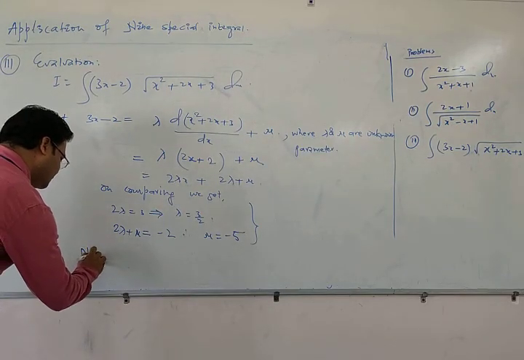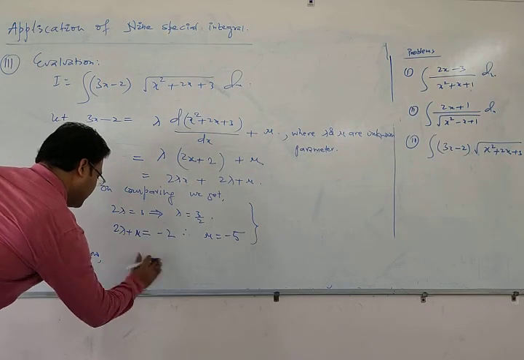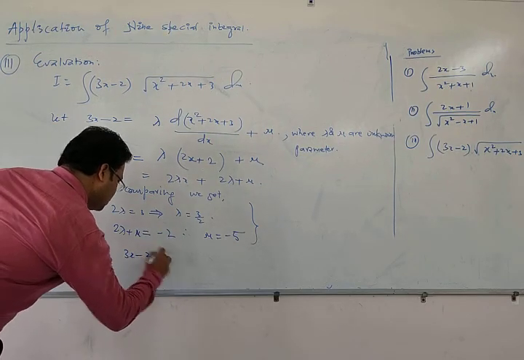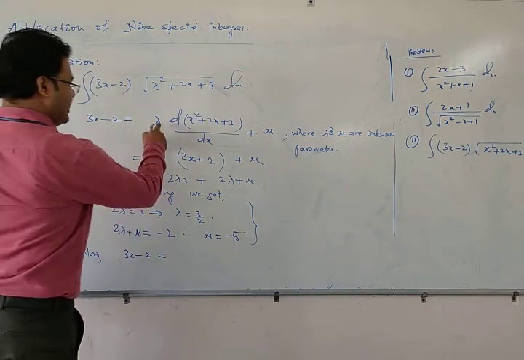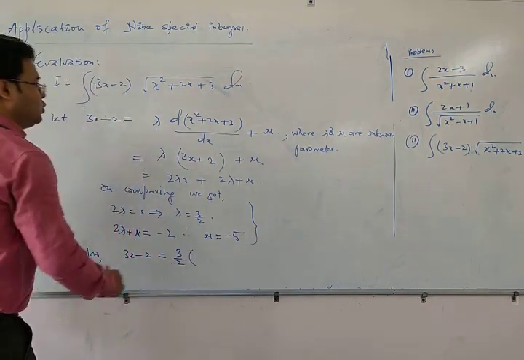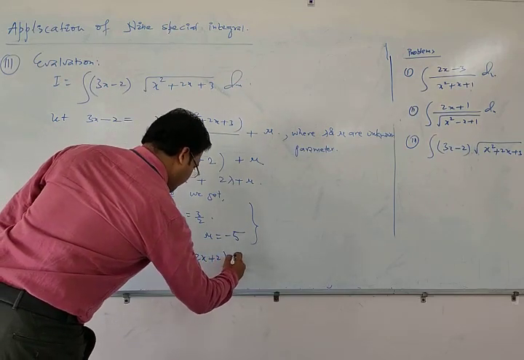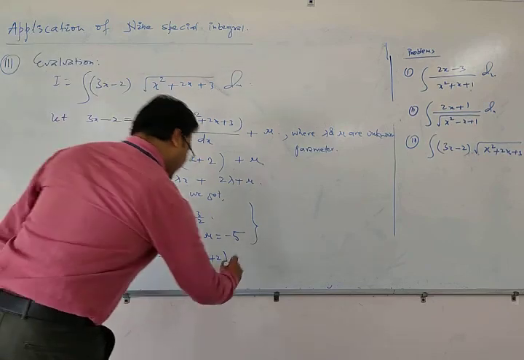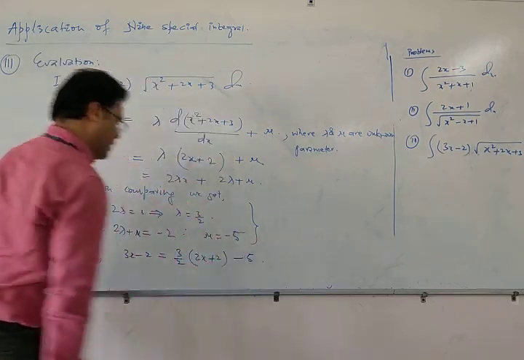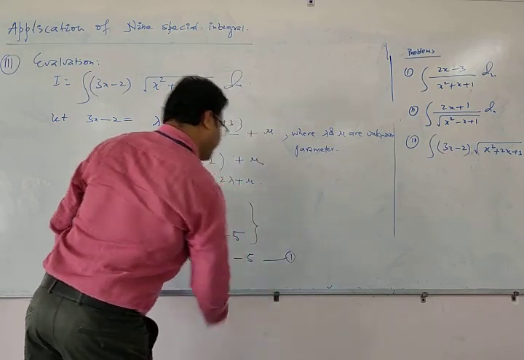Now 3x minus 2 you can write, in place of lambda you can write 3 by 2. So it becomes 3 by 2 into (2x plus 2) plus mu, and in place of mu you can write minus 5. And this is number 1.